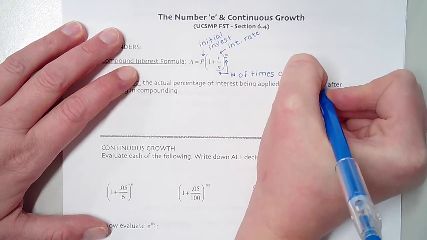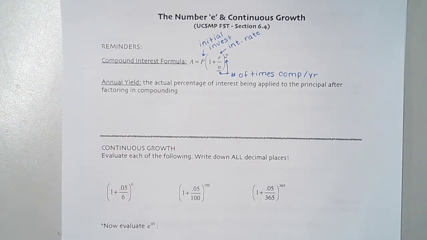per year. Okay? So we're going to be talking about things like, oh, the interest is compounded semi-annually. That means you get half your interest money halfway through the year and then the other half at the end of the year. But the reason that's important is that money that goes in after the first half of the year is already in your account when it's calculated at the end of the year.